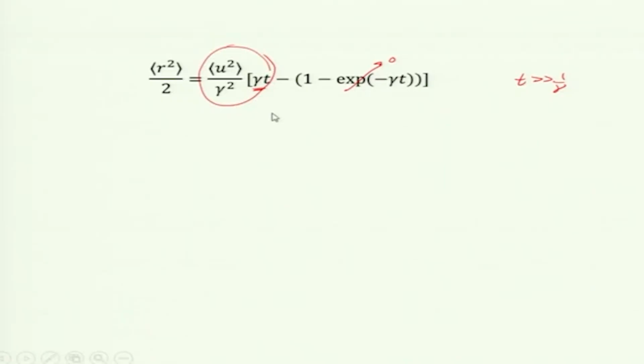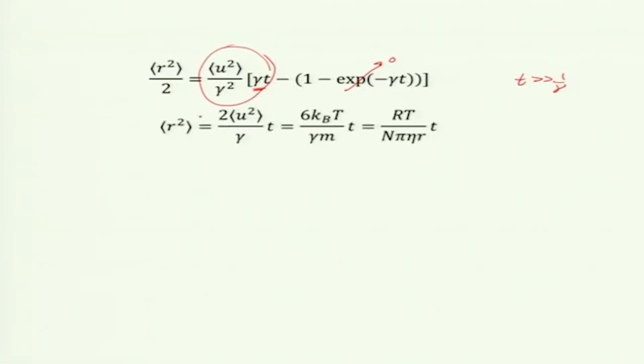So r squared, taking the 2 to the right hand side, is 2 t by gamma, where one gamma cancels with gamma squared. So r squared is proportional to t. Looks good, no? Are you happy with this? This is a random walker, right?